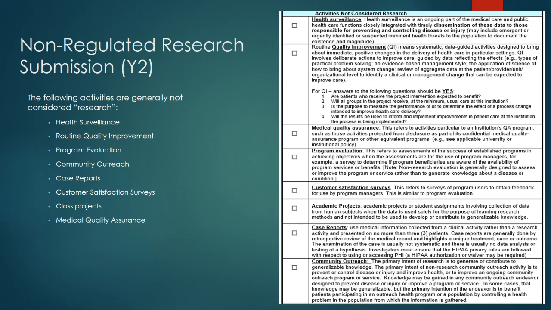You would indicate what the current process is right now, what you're trying to improve and or change. And if you're going to be collecting data, it'll have to be identified or aggregate data to help improve that healthcare delivery at the specific institution, and how the plan is to implement them.